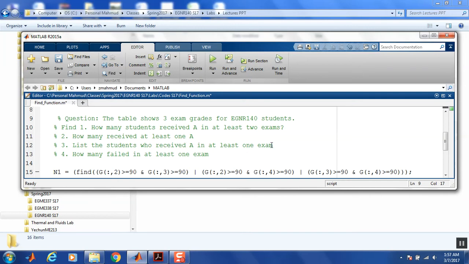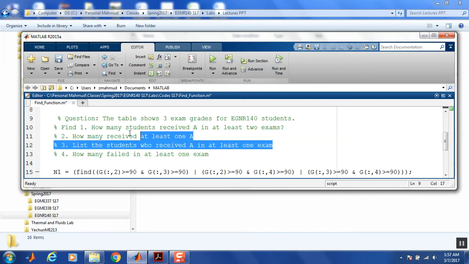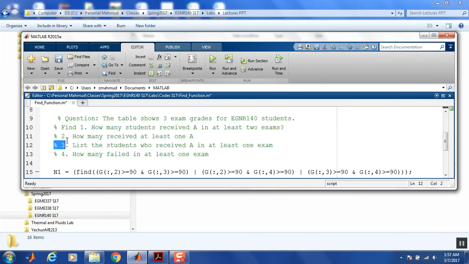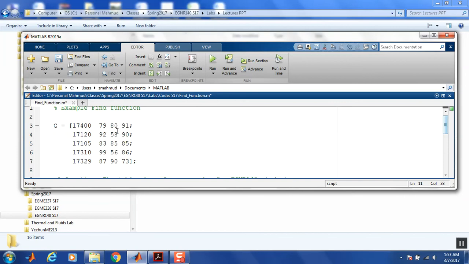So basically question 3 is the same as question 2, how many received at least one A out of 3 exams. Once you figure that out, question 3 says, tell me who are those students. Number 4 says how many failed in at least one exam. So that's my question, assuming that this matrix is given.